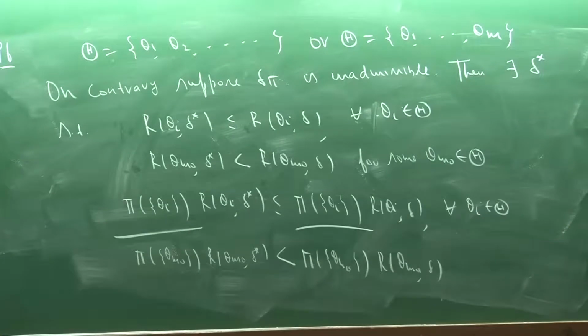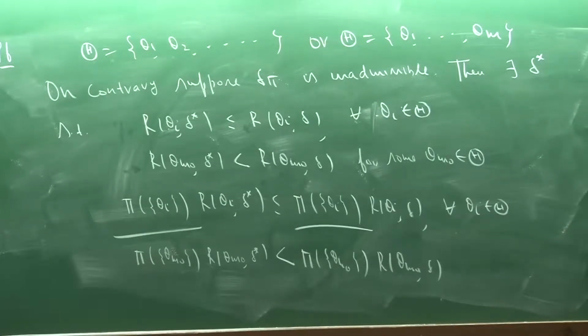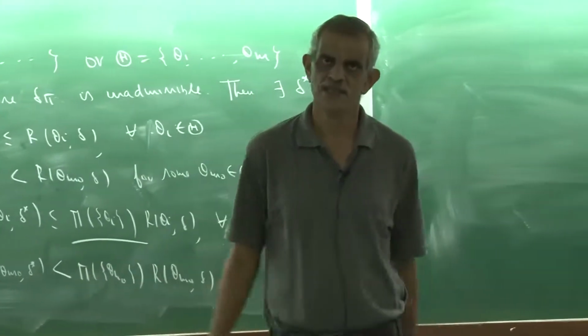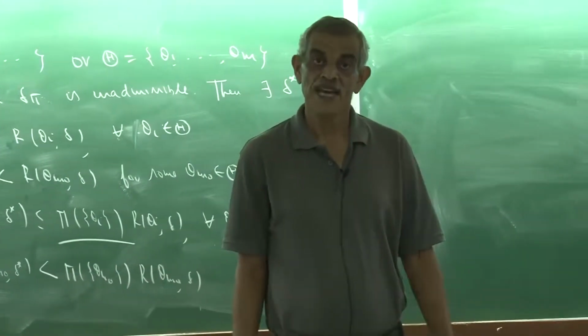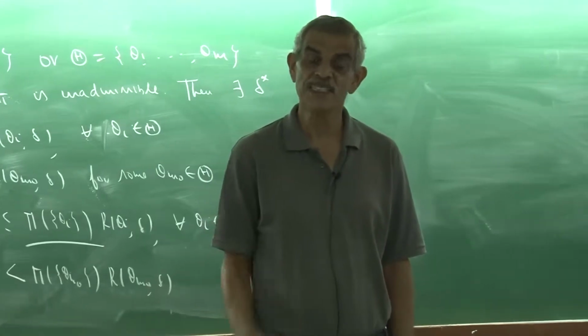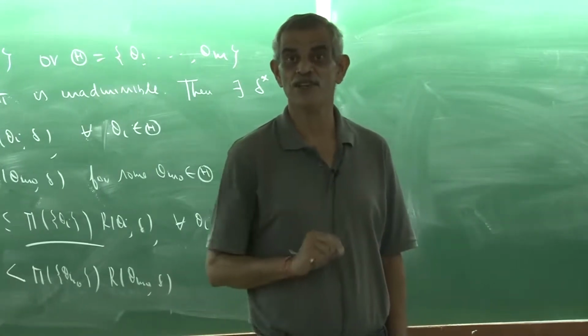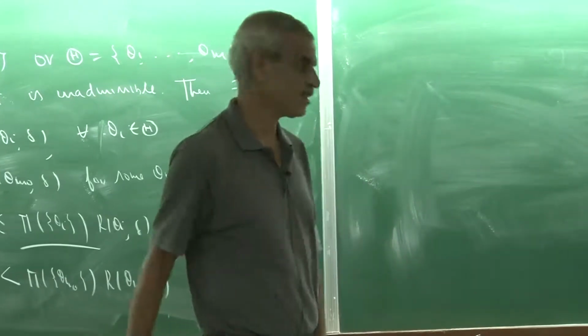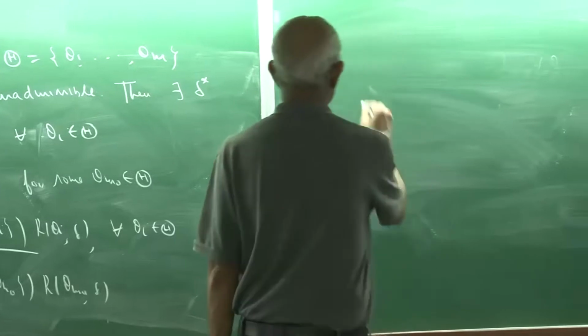So I can sum everything, and the inequalities remain. If you know that ai is less than or equal to bi for every I, then summation ai is less than or equal to summation bi. If ai is less than or equal to bi for every I, but ai naught is less than bi naught for some I naught, then summation ai is strictly less than summation bi. That is what I am doing here.